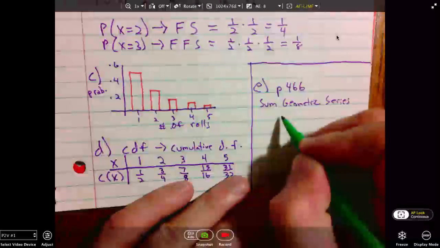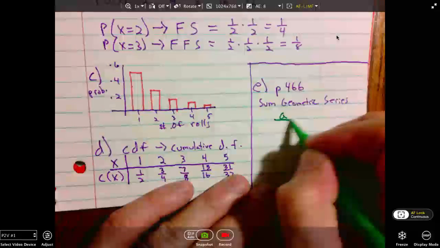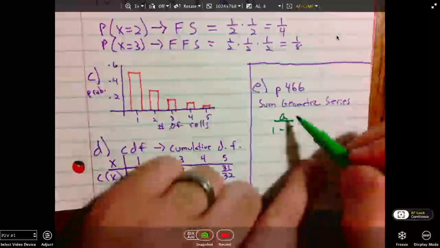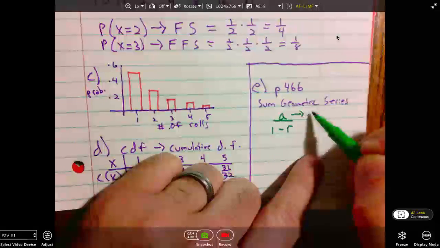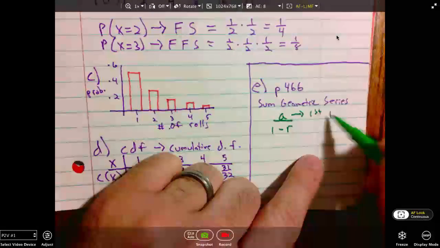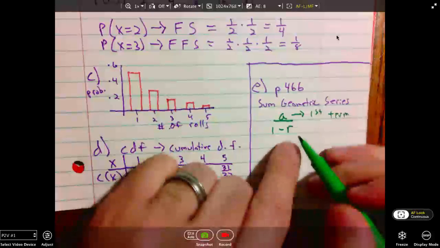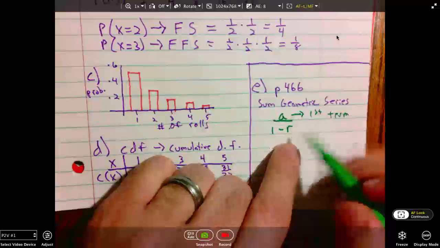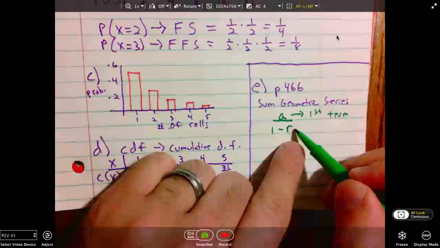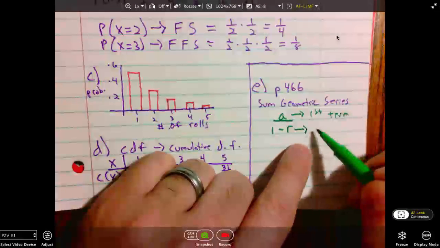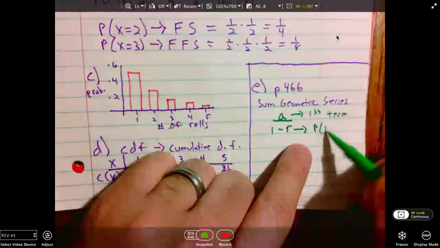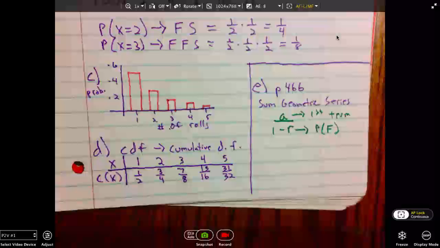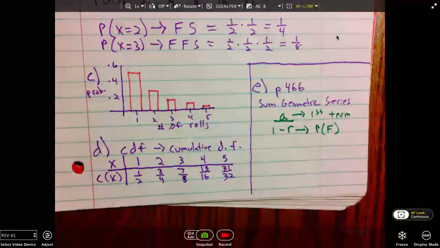This sum is equal to A divided by 1 minus R, where A is the first term and R is the rate, that is our multiplier. For our purposes here, R is the complement. It's the probability of failure. And you can refer back to page 466 and they will show how we arrive at that.